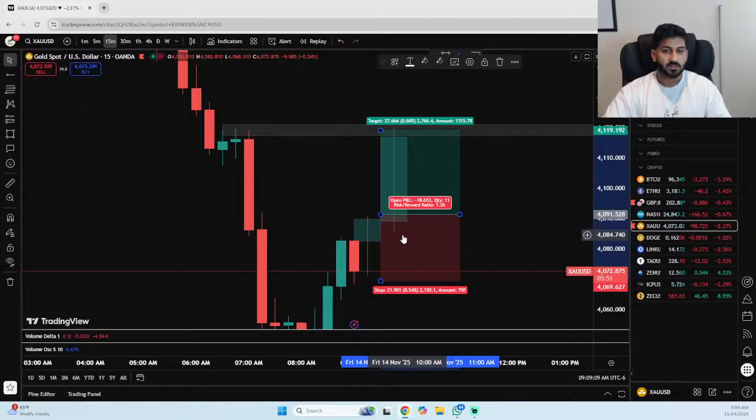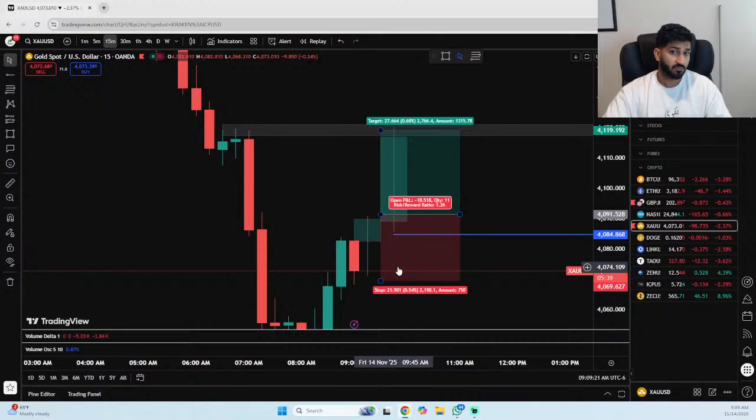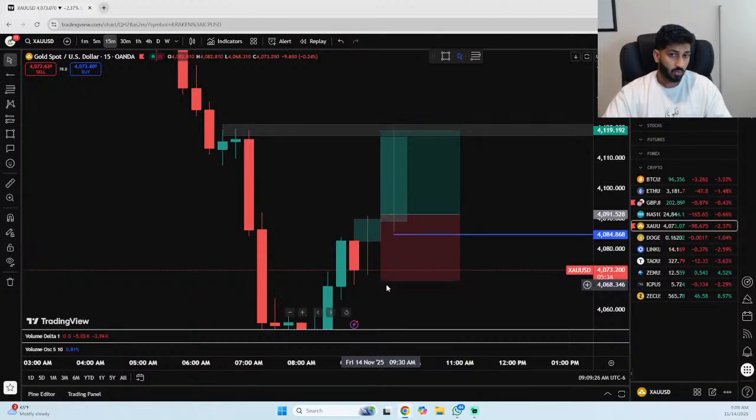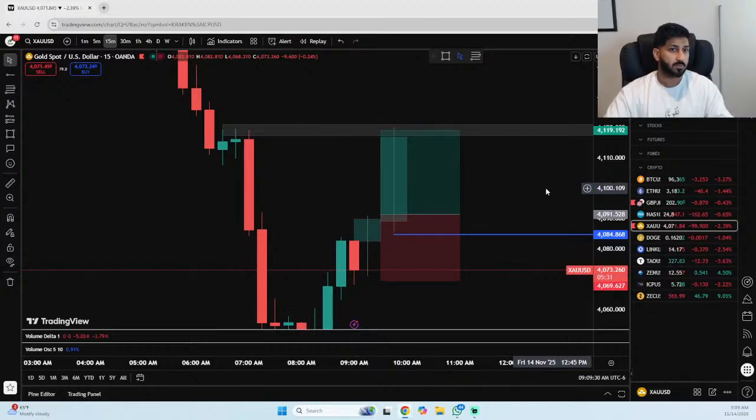But if this green candle comes back and starts breaking its own low, I don't know how far deep it can come back. It could really just come back all the way and hit my stop loss. So I'm going to reduce my position and take 50% out.